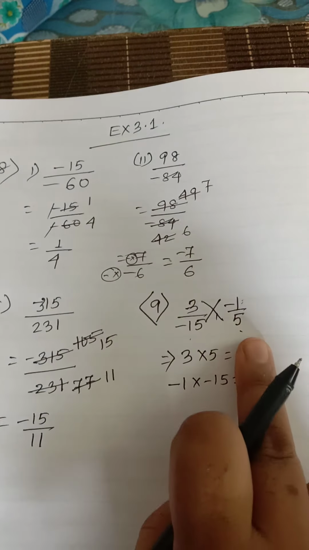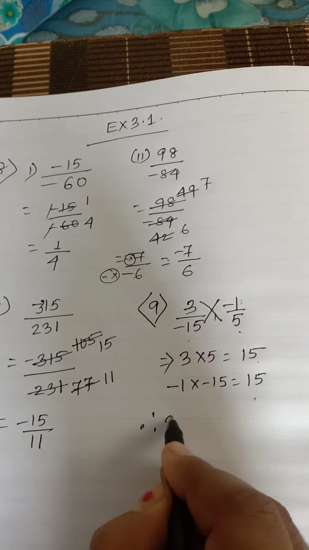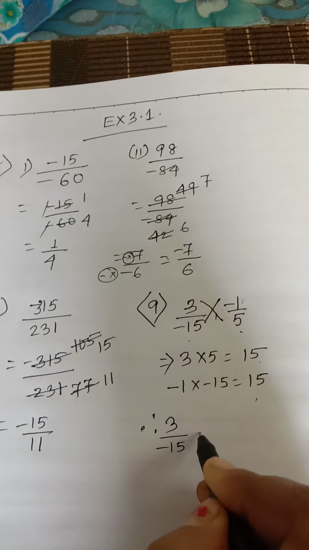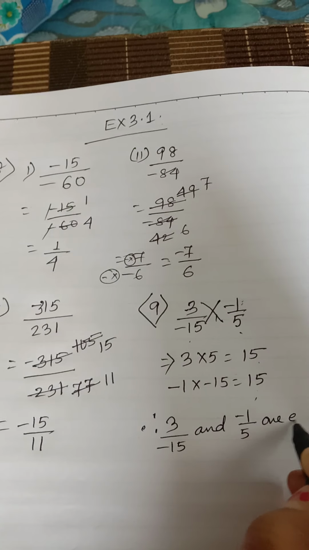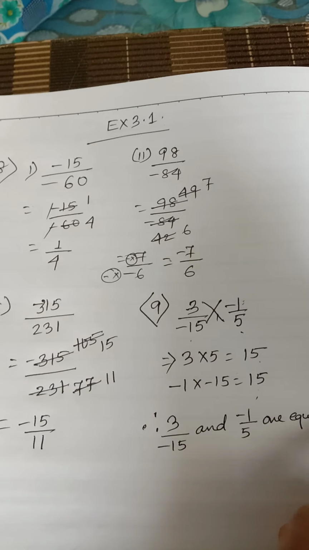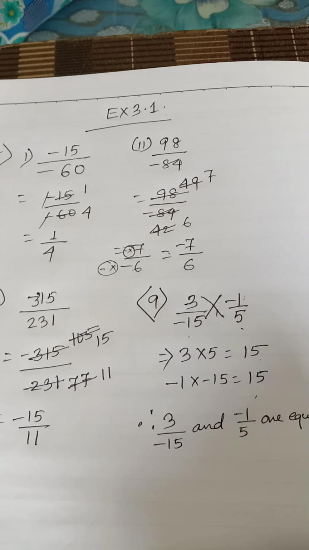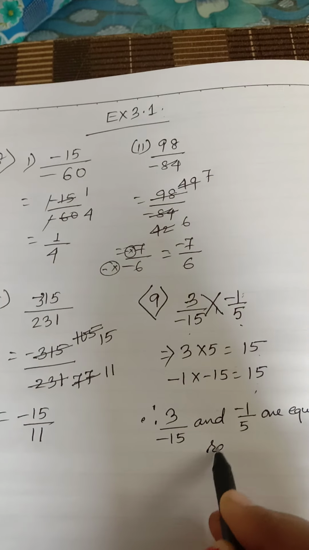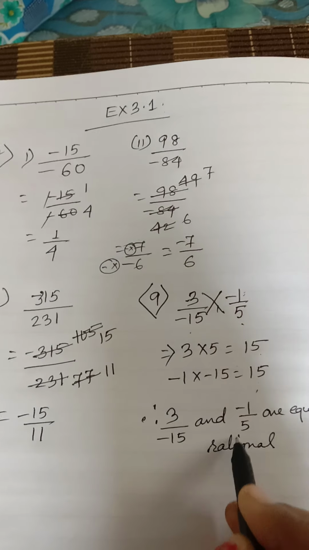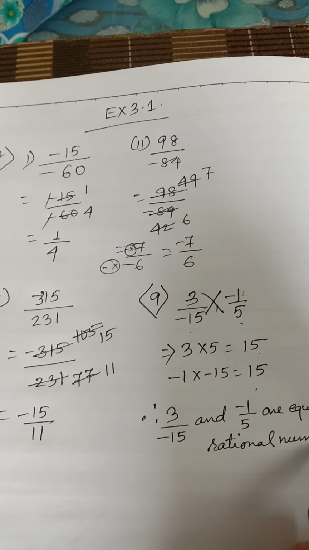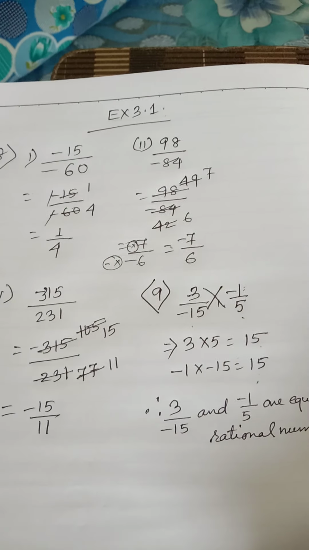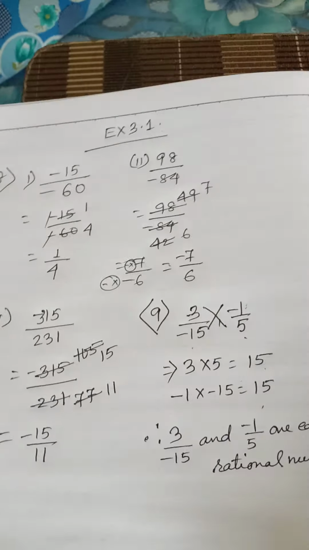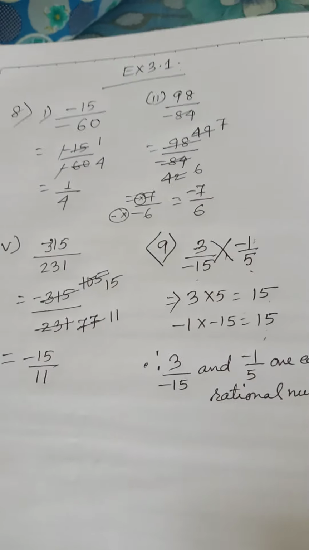The product, if it comes equal, then we can write 3 by minus 15 and minus 1 by 5 are equivalent rational numbers. If the answers are not equal, we'll write they are not equivalent rational numbers.